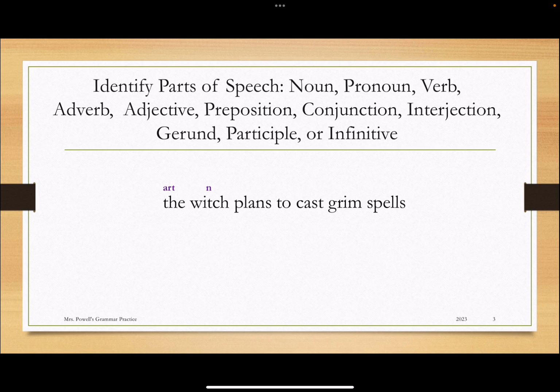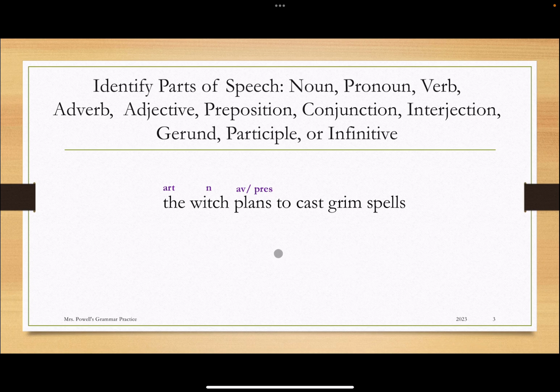The first word, the, is an article. It modifies the word witch. And articles act similarly to adjectives, and they modify nouns. Because witch is not a specific name of a person, it is a common noun.